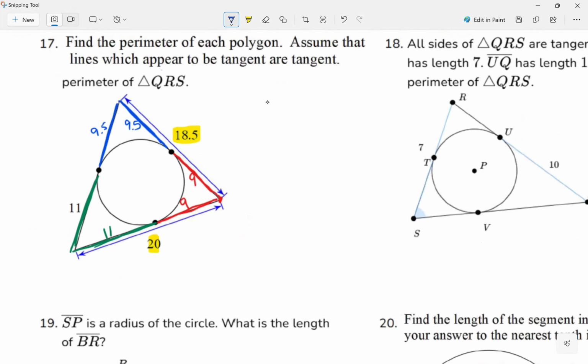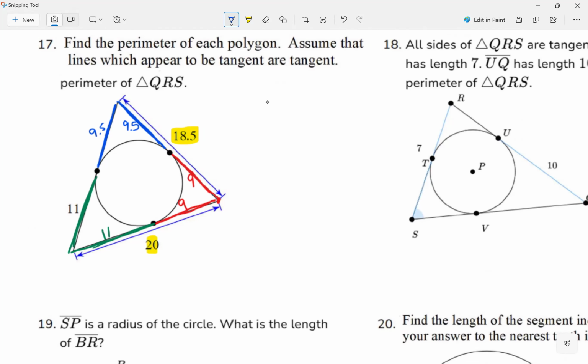Now, it says here, find the perimeter of each polygon. For perimeter, I have to add all the sides. Assume the lines which appear to be tangent are actually tangent. So the perimeter of triangle QRS, this triangle here. I just have to add all my numbers.